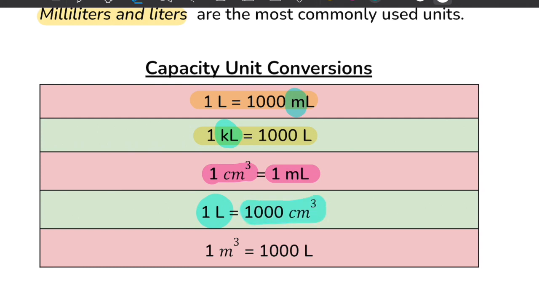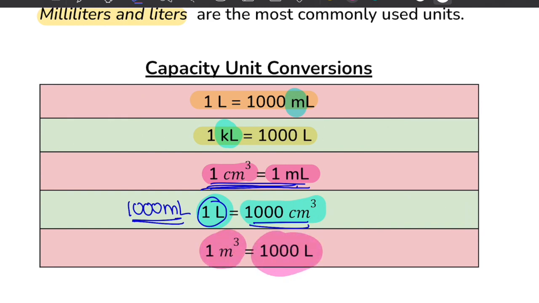And that makes sense because 1 liter is equal to 1,000 milliliters, and centimeters cubed and milliliters are always the same. So 1,000 milliliters would be 1,000 cubic centimeters. And lastly, we have 1 cubic meter is equal to 1,000 liters. So that's a lot. Imagine that 1 liter is one of those long, skinny cartons of milk. Then 1 cubic meter is like 1,000 of those.